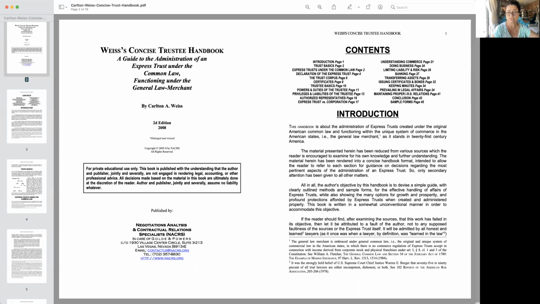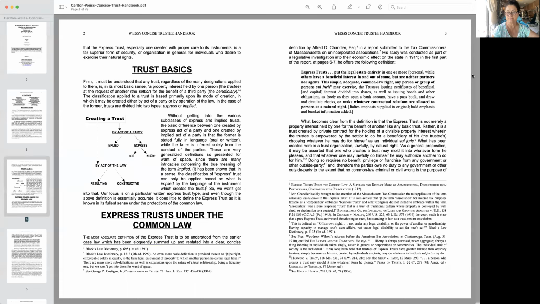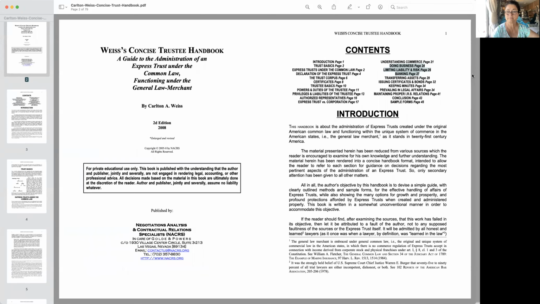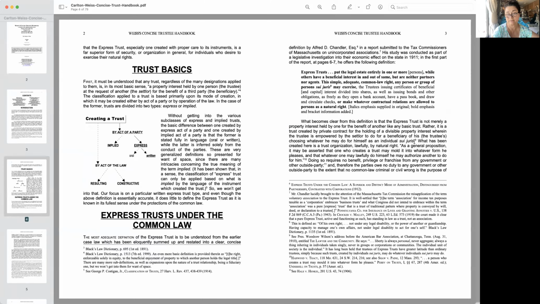So the introduction: this handbook is about the administration of express trusts created under the original American states, i.e., for example, the general law merchant.